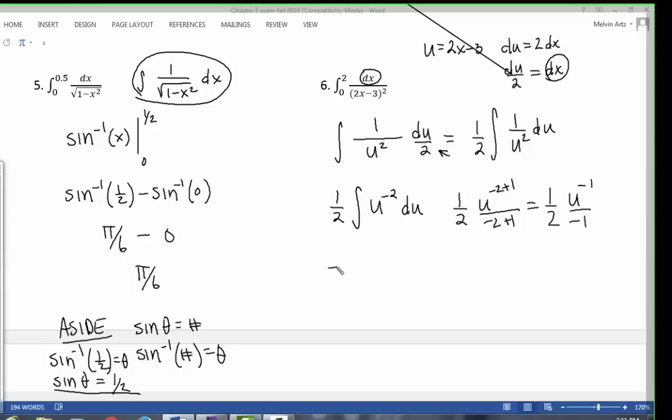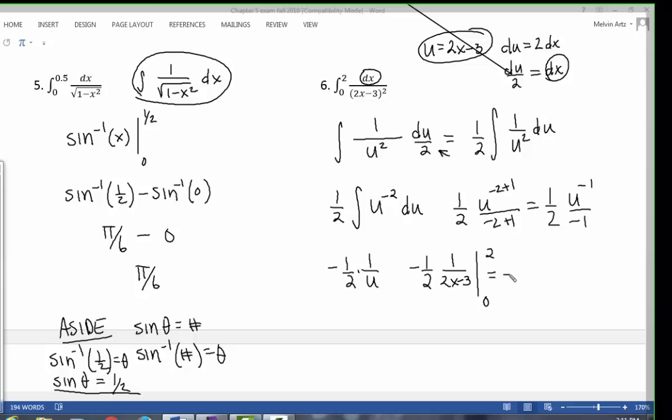So if we simplify that a little bit, we get negative 1/2 times 1 over u. And now I'm going to change everything back into terms of x. So u, we said u is 2x minus 3, so we'd have 2x minus 3, and we're going to evaluate this from 0 to 2.